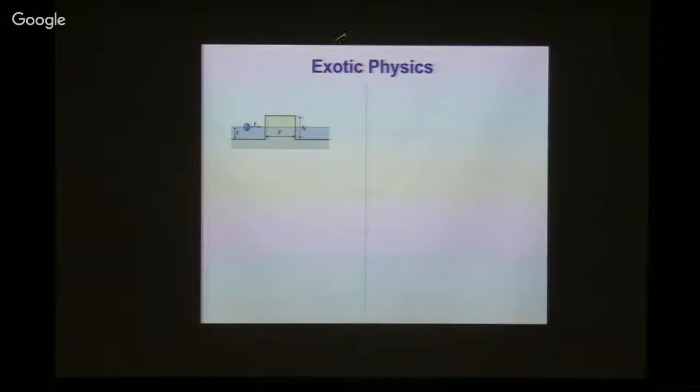Conventionally, if you have a particle coming in with finite kinetic energy, and it hits a potential barrier that has energy larger than kinetic energy, we know that quantum mechanically, the particle still has some probability to tunnel through the barrier. However, the probability decays exponentially if you have a wide barrier or a very tall barrier.